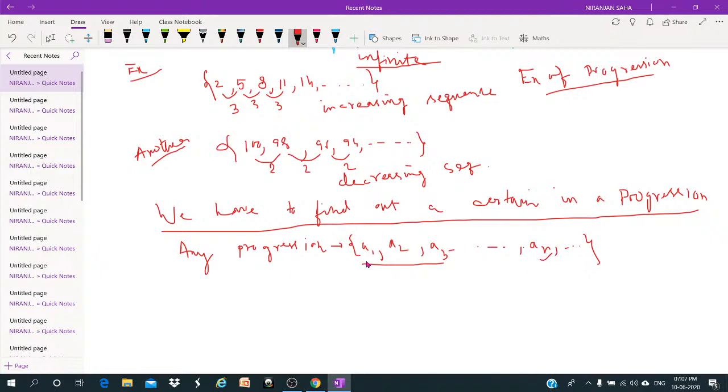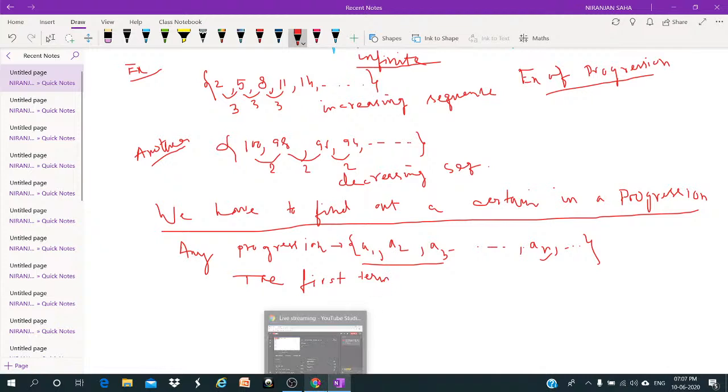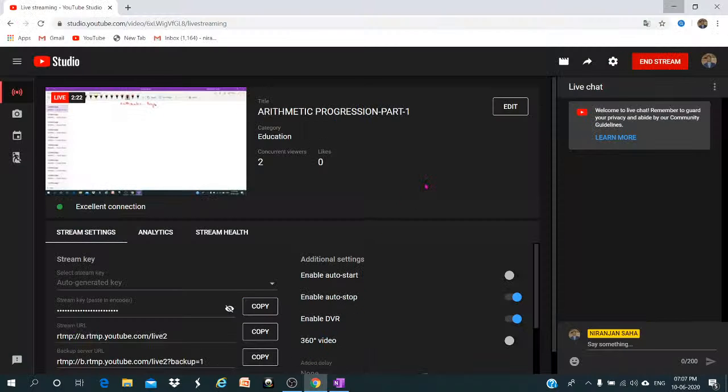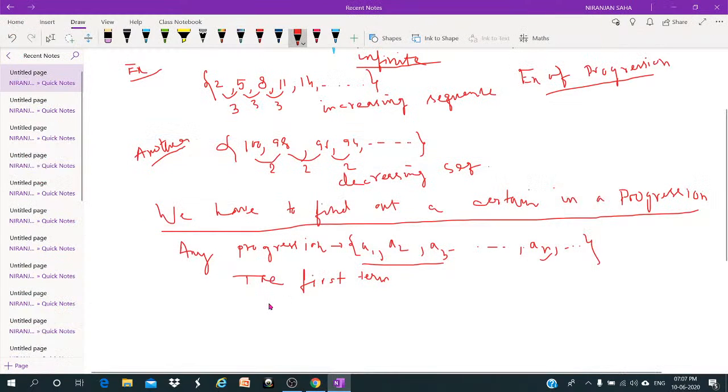Let us take the first term as T1, which is equal to A1. We know that in a progression the difference between two elements is always the same.